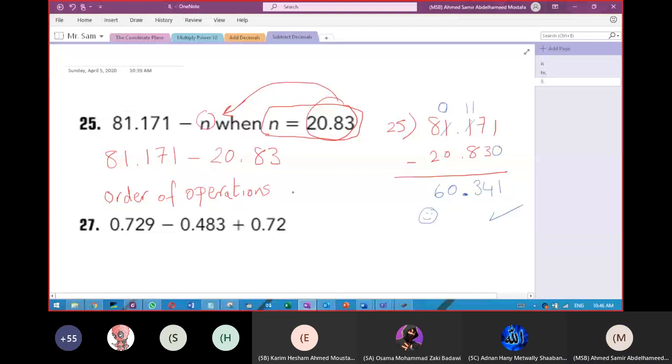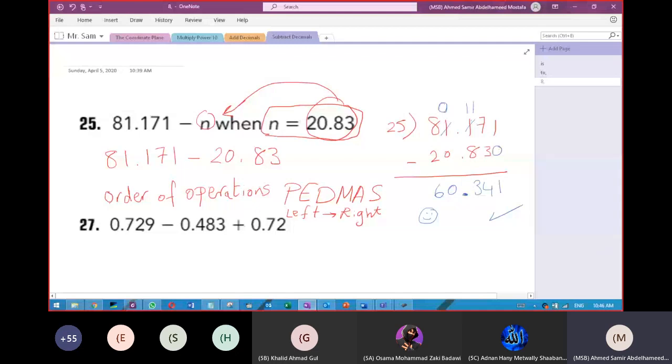PEDMAS, yes. And we go from where to where? From left to right. Excellent. So we're going from left to right, because actually we have here subtraction and then addition.